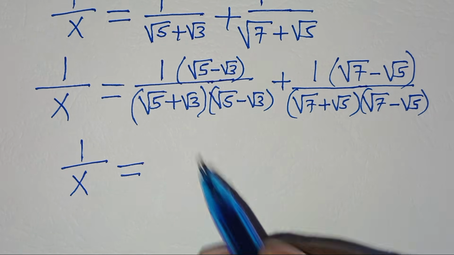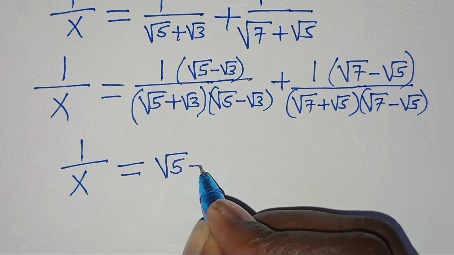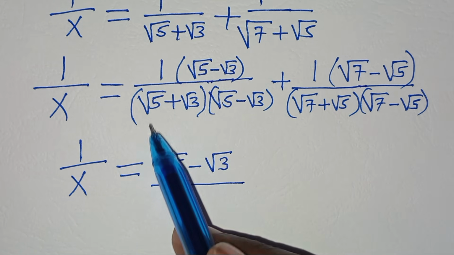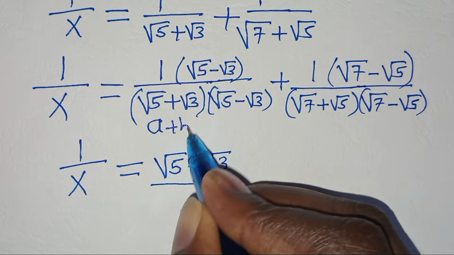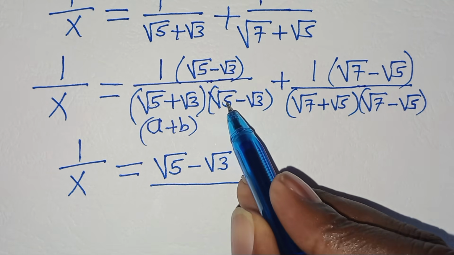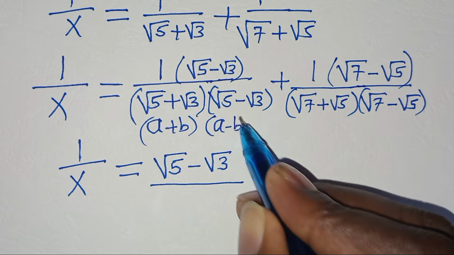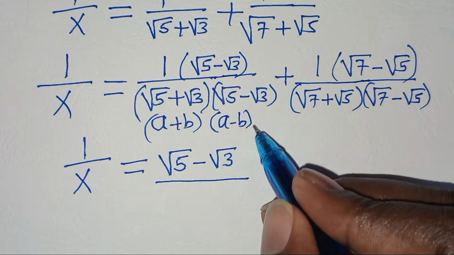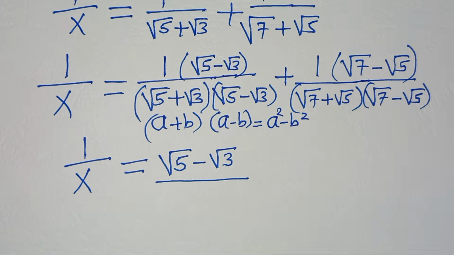This is equal to, in the numerator, the square root of 5 minus the square root of 3, divided by the denominator. Now the square root of 5 plus 3 is of the form a plus b, multiplied by the square root of 5 minus 3, which is a minus b. Remember, this is the difference of two perfect squares that we can express as a squared minus b squared.